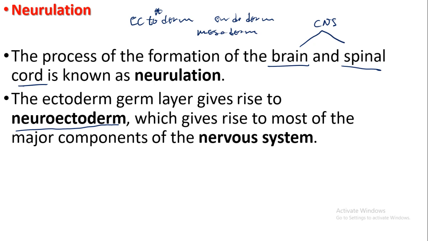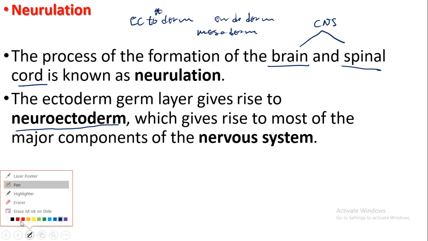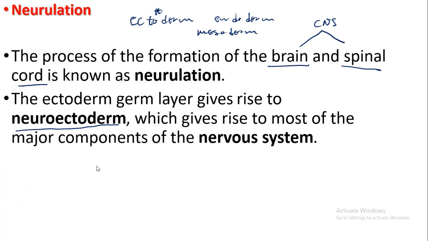But when we talk of the nervous system, the ectoderm will simply change into this important type of layer, which is known as the neuroectoderm.